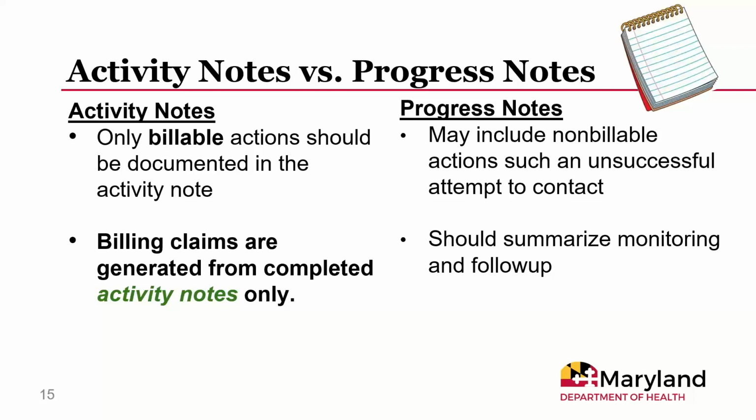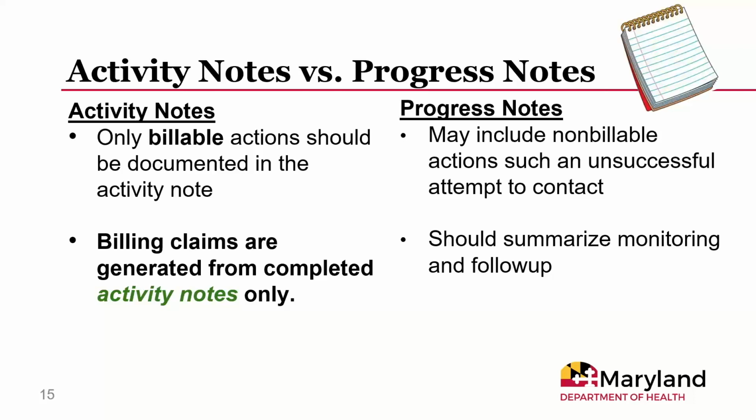So we mentioned that the case notes consist of both activity and progress notes. What's the difference between activity notes and progress notes? Activity notes are the billable activities that a CCS documents, which describe what services were performed to support the waiver participant.